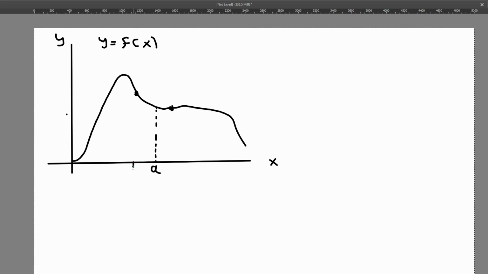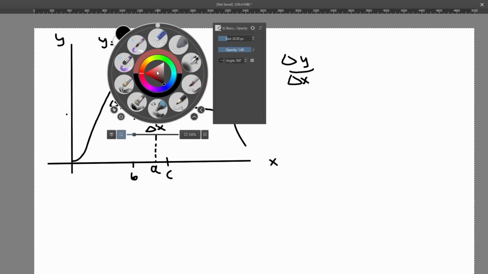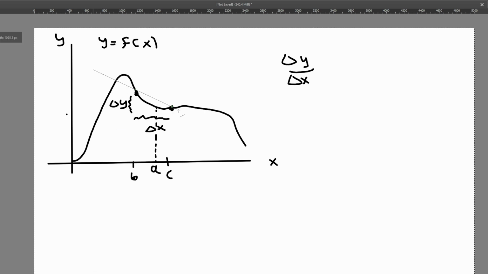We're going to find this change in Y, and we're going to divide that by this change in X. So the estimation for our rate of change at point A would be delta Y over delta X. And what this value is, I'm going to choose red, it actually is the slope of this line going through these two points.